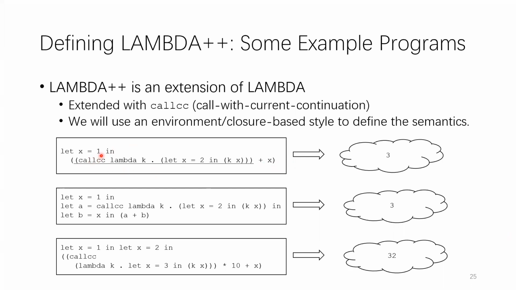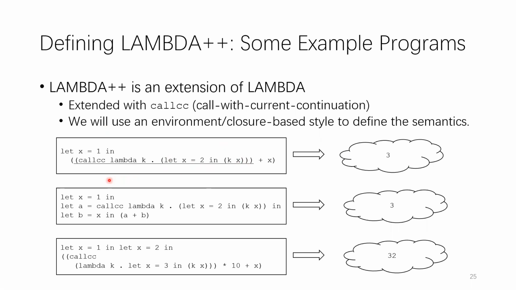By the semantics of let, the program means callcc lambda k, and then we have +1 here. According to the semantics of callcc, this function, lambda k dot let x equals 2 in k of x, will be applied to the current continuation.